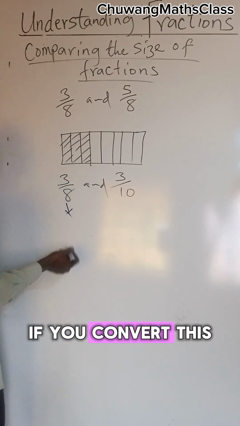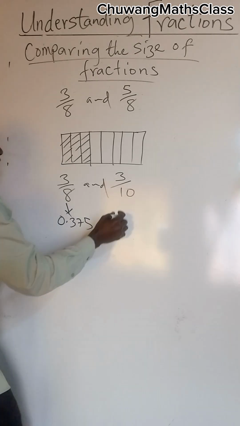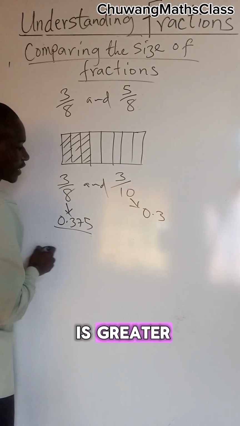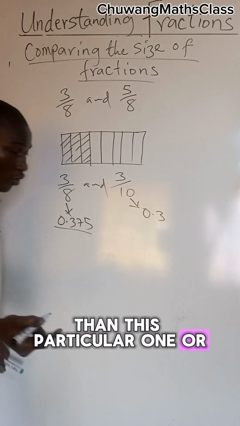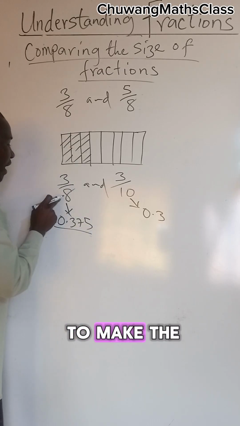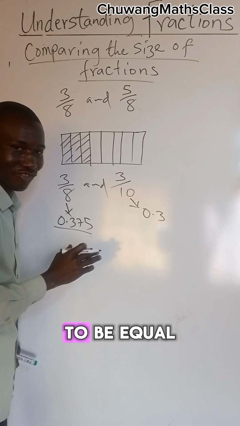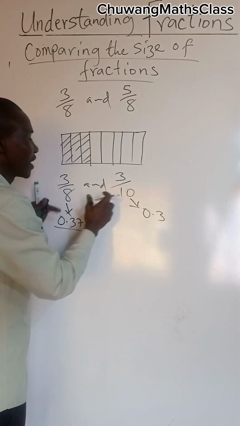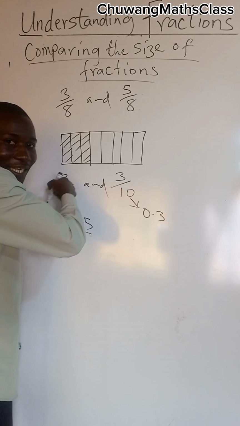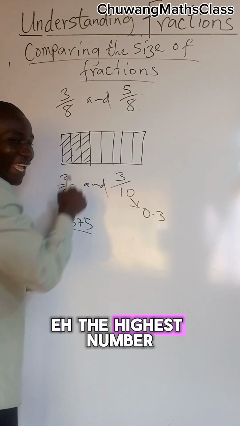If you convert this one to decimal, you are going to have 0.375. Convert this one, you are going to have 0.3. So you can clearly see that this one is greater than this particular one. Or another way to do this is to make the denominators equal. If you make them equal, then you can see the top number and select the one that has the highest number.